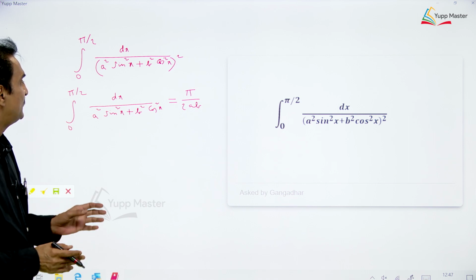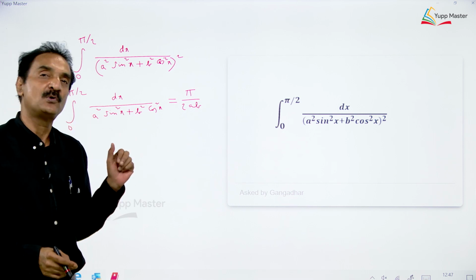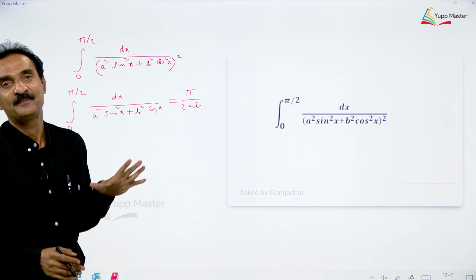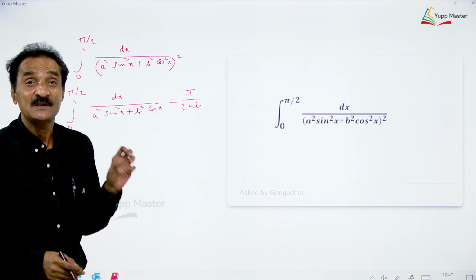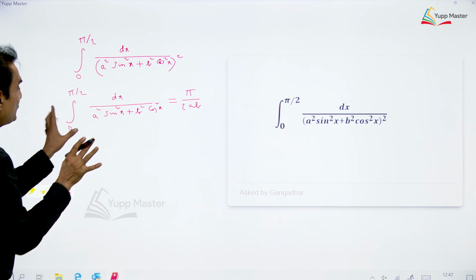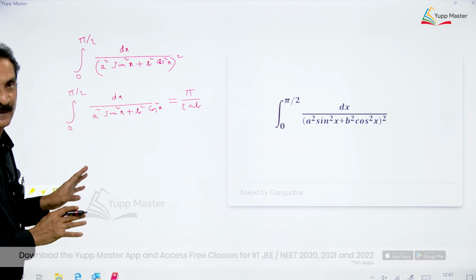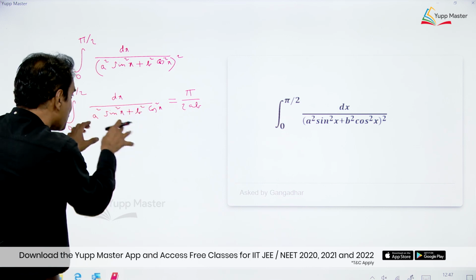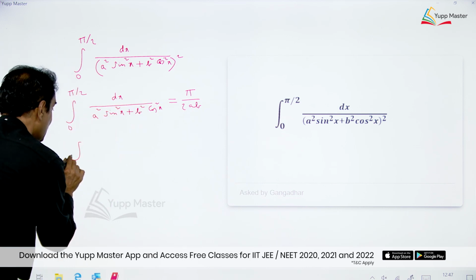Now I will differentiate on both sides with respect to a. The integral remains the same because the integral is with respect to x. So we have to differentiate this function with respect to a.